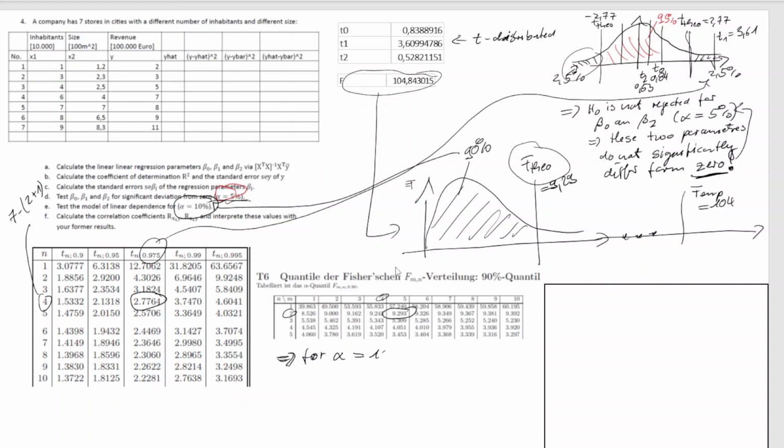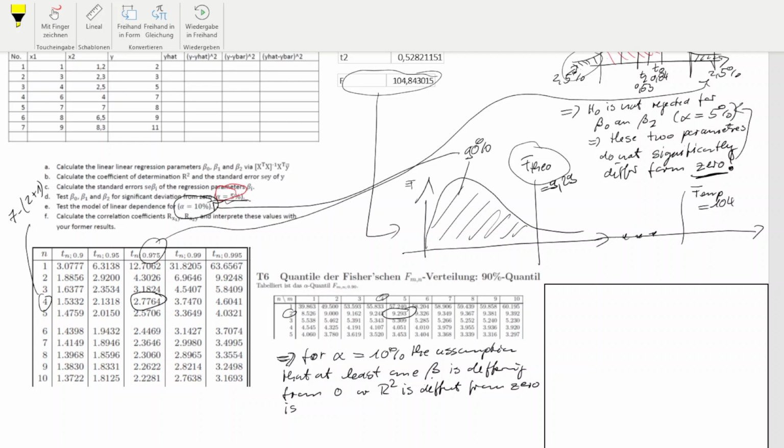So for alpha equals 10%, the assumption that at least one beta is differing from 0, or this is the same statistical issue, or R squared is different from 0 is... no, I have to formulate it the other way around, sorry.